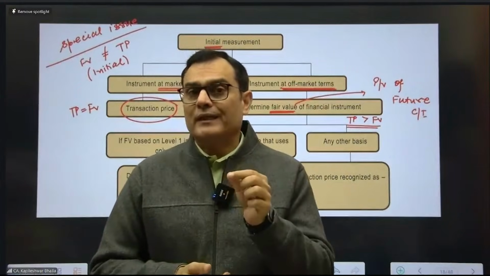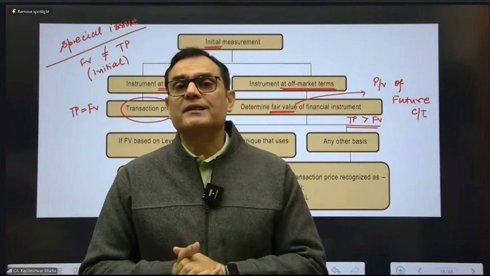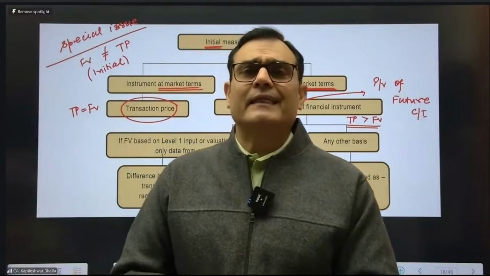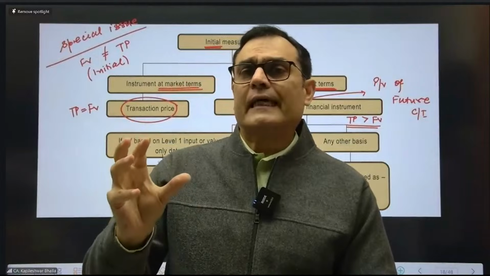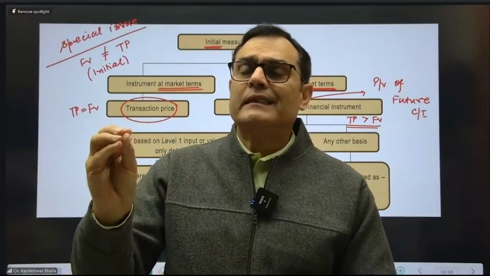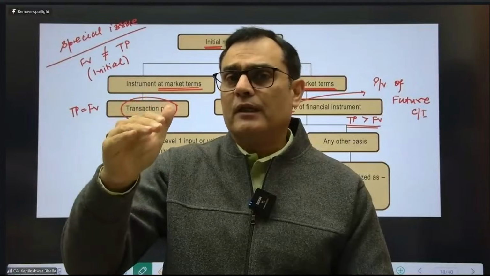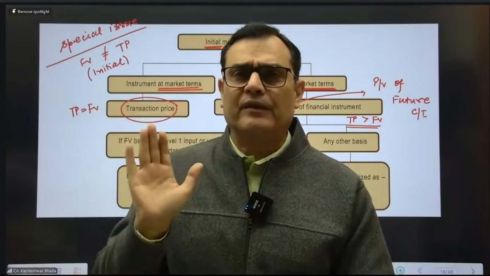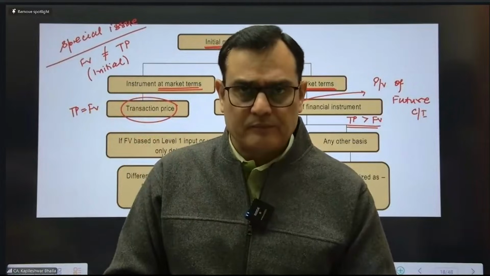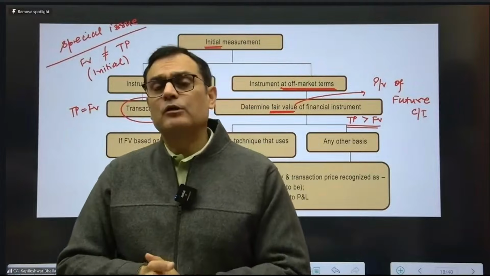It's called level 1, level 2, as well as level 3. So indirectly, what goes into the calculation of the fair value is the input data, and we need to see whether that input data is level 1, 2, or 3. There's no fourth level, it's only up to level 3. Now, what is level 1, level 2, level 3?